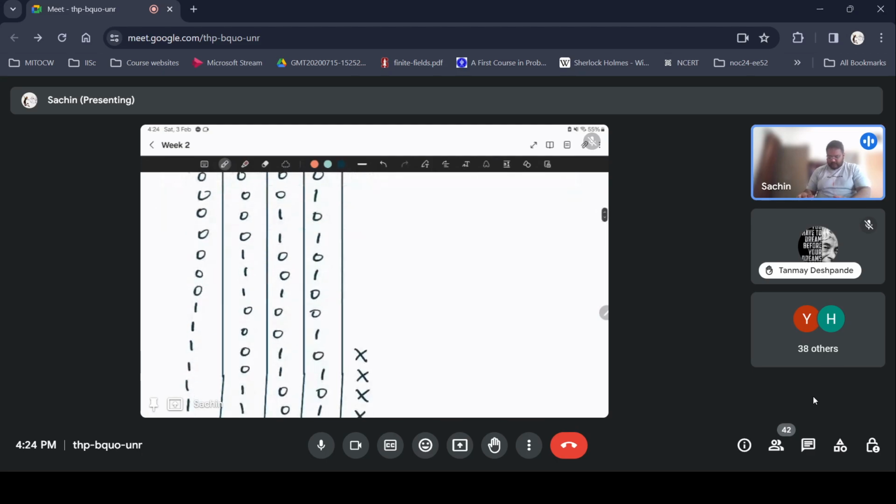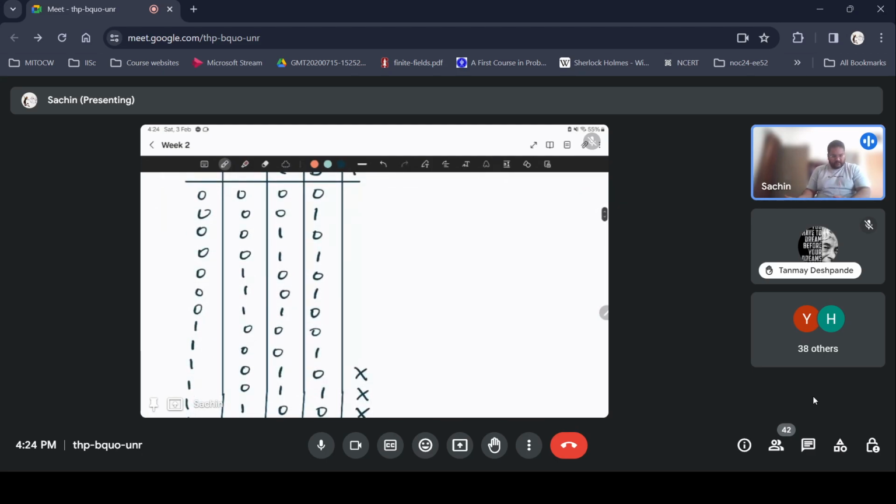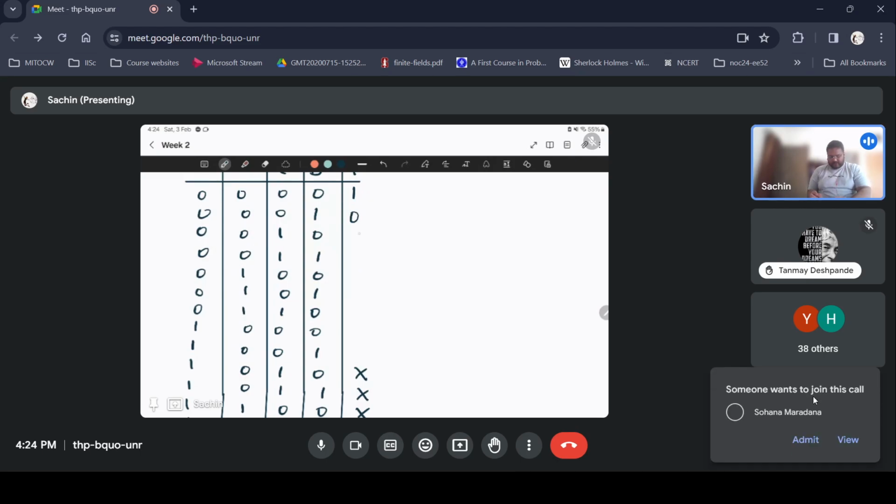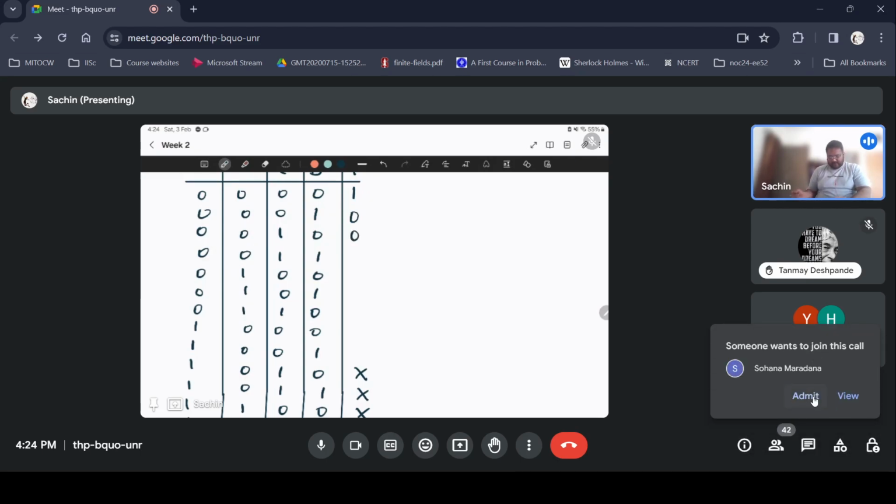And from 0 to 9, the output is high only when there are an even number of zeros. So in 0, 0, 0, 0, there are 4 zeros, which is even, so the output is 1. In 0, 0, 0, 1, there are 3 zeros, which is odd, so output is 0. Again, in the next combination, there are 3 zeros, which is odd, output is 0. 0, 0, 1, 1, we have 2 zeros, which is even, so output is 1.